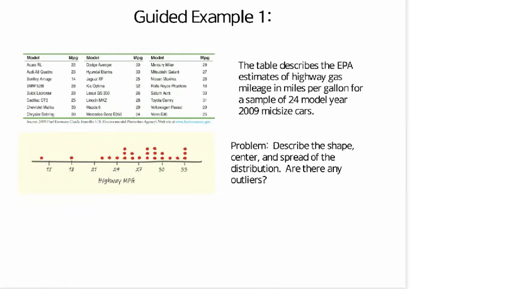Well, first of all, it looks like we have 3 clusters of values. I have a cluster here, I have a cluster here, and here. So there are 3 clusters of values.